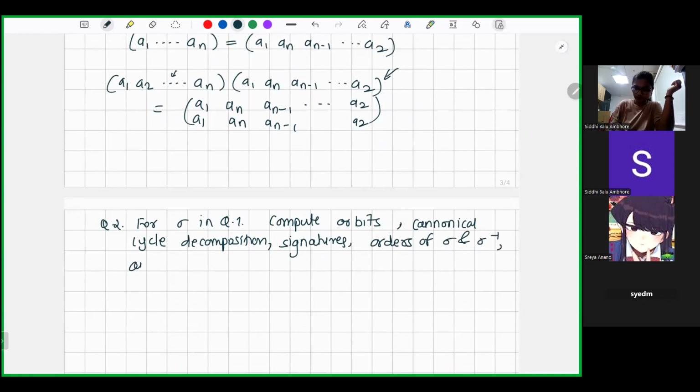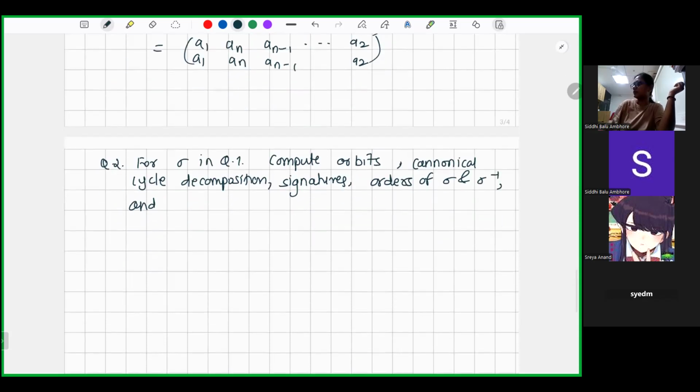And the powers of sigma, that is sigma power 100 and sigma inverse power 101.